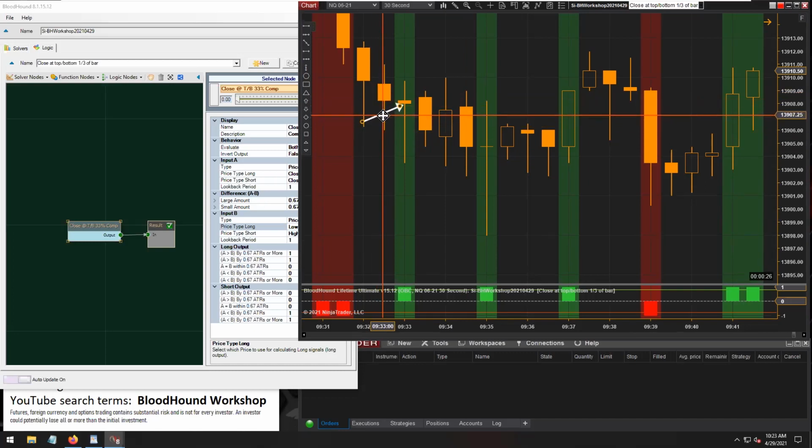And actually, looking at this here, if the close is within the top portion of the bar, you might also want to make sure that the bar is pointed in the right direction.